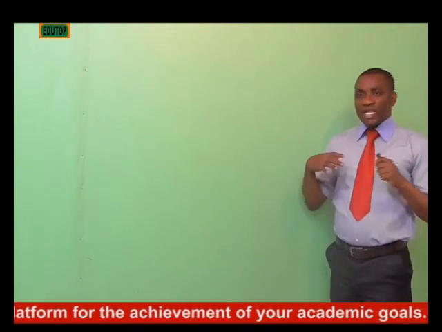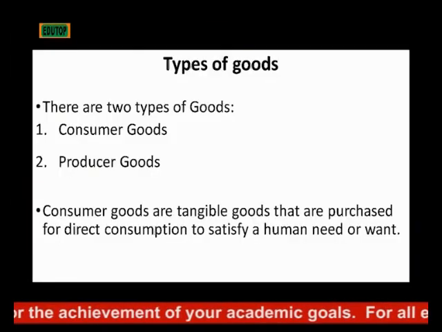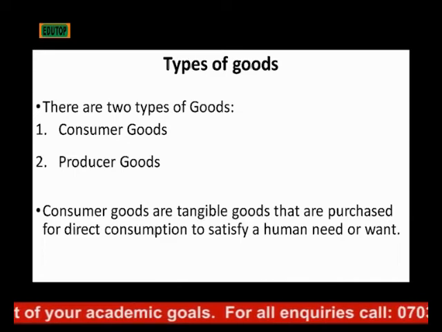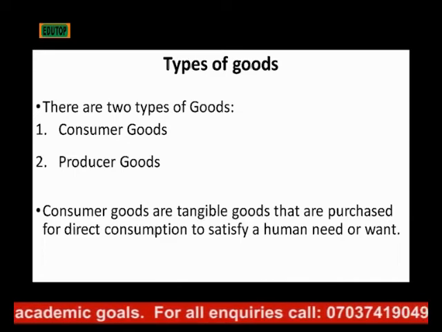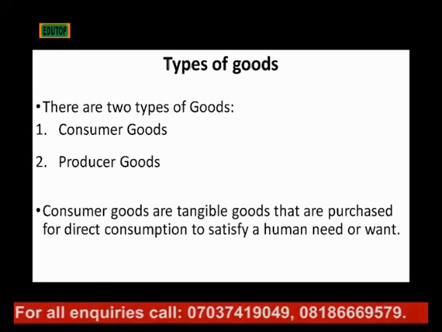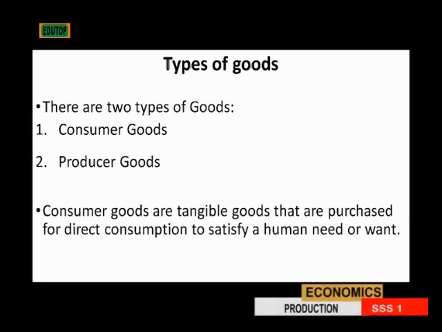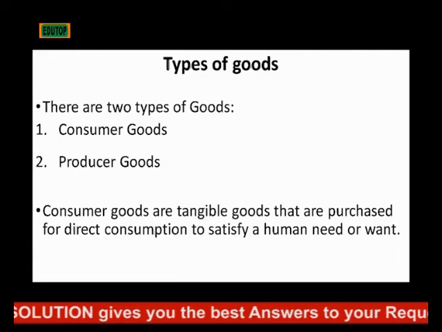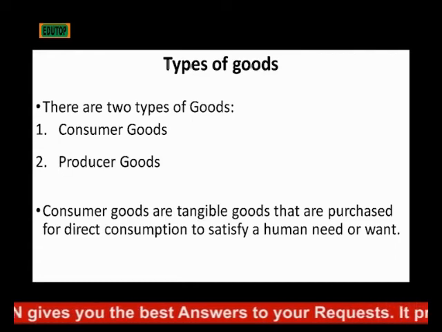Then, what are the types of goods that we have? We have two major types of goods. Number one, we have consumer goods. Number two, we have producer goods. Now let's take them one after the other. Consumer goods. What is consumer goods? Consumer goods are tangible goods that are purchased for direct consumption to satisfy human wants.